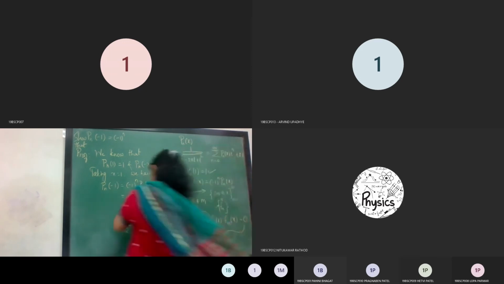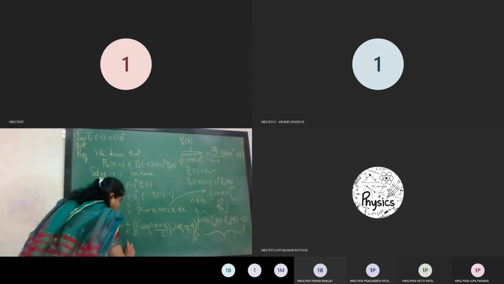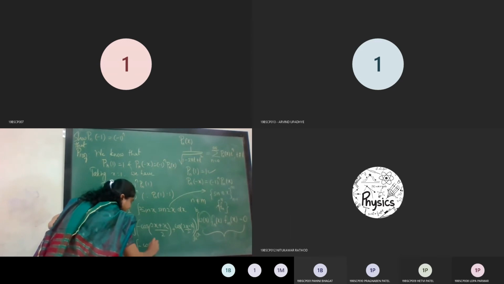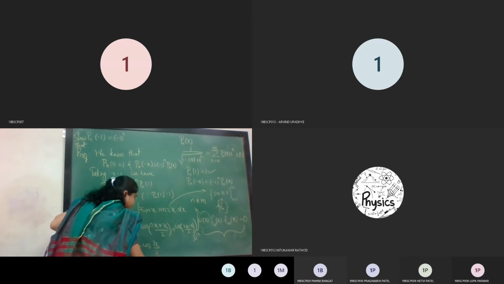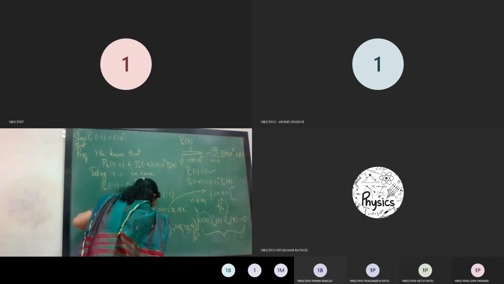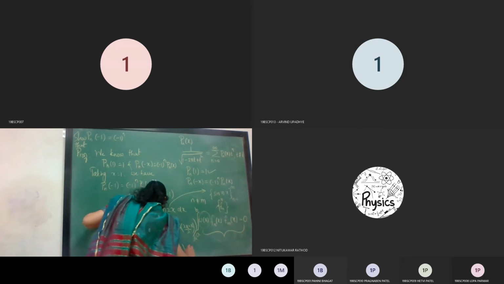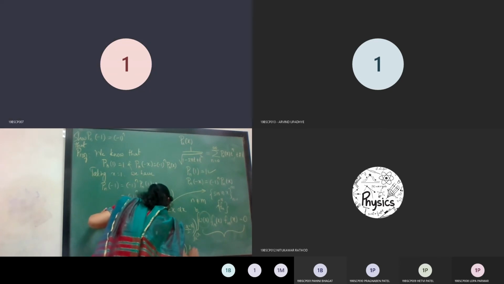Okay. So suppose, if you see the simplification, it is minus cos(3x/2) plus cos(x/2), right? dx. Yes.